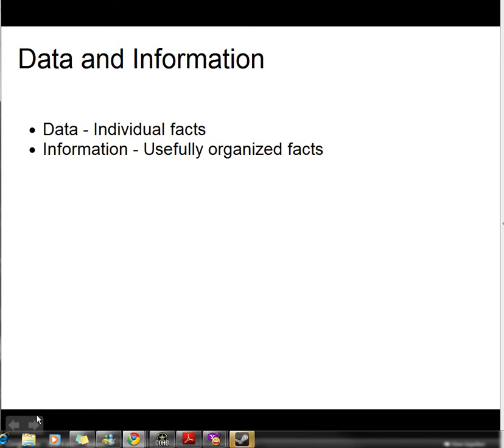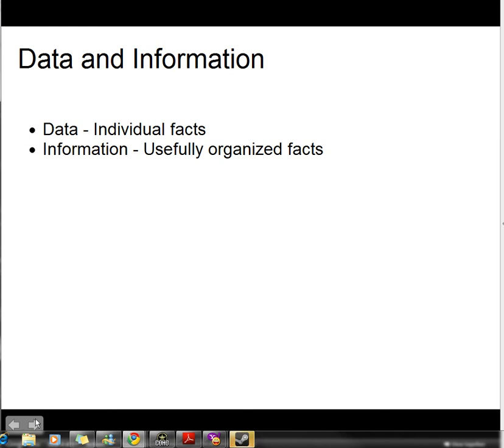We don't need to know about your shoes, etc. What we need is how it relates to what you need to do in school. So that is information. Somebody else might want to know, for example, your mom might want to know what size shoe you wear to buy your shoes, what kind of food you like. That would then be information for them. So information is usefully organized facts. Data is just individual facts.